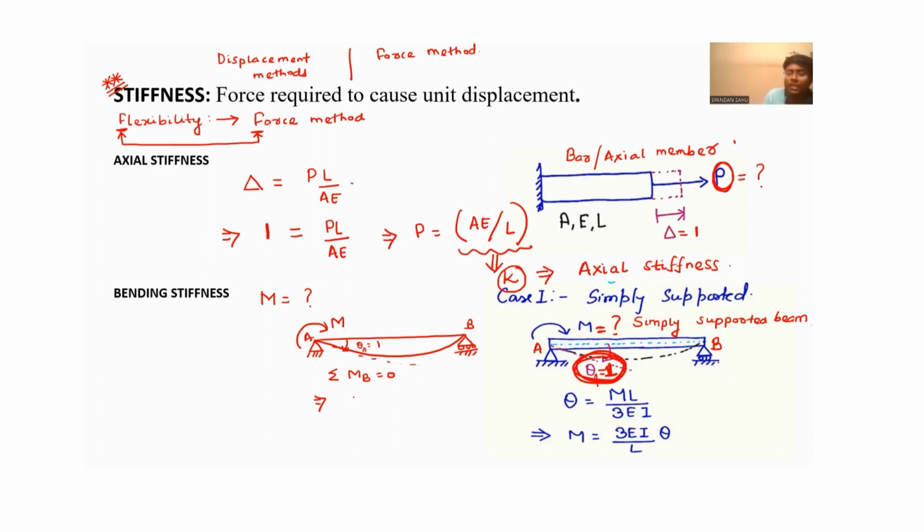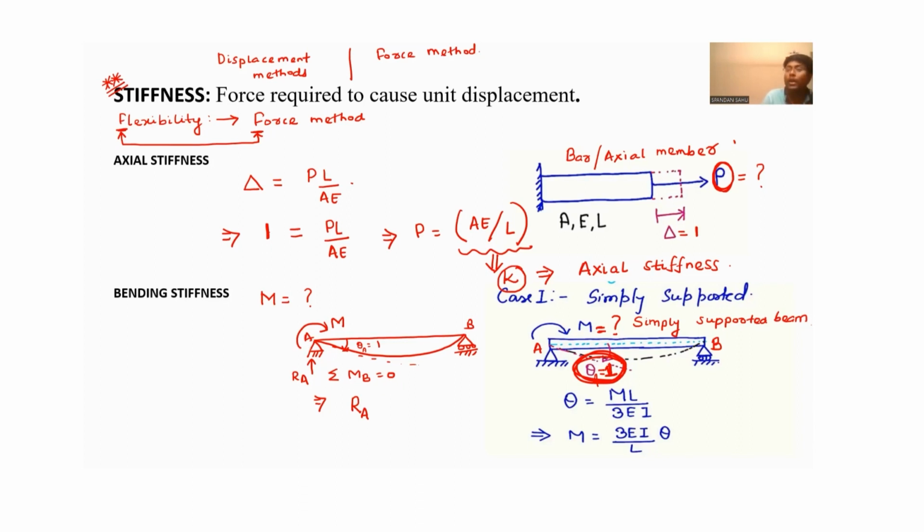So, if you do summation of moment about point B equal to 0, you will get RA. RA is the reaction at this point. I am showing the reaction as well as the hinge support at a time, but this is not a good representation because you cannot show the support as well as the reaction at the same place in a given figure.